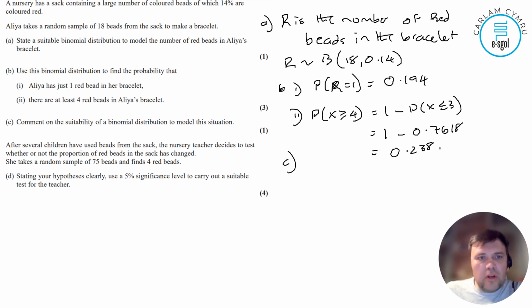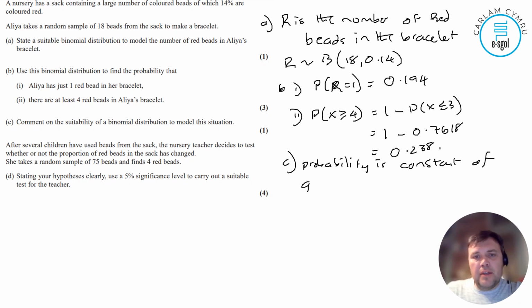C, comment on the reliability of the binomial distribution to model the situation. I would say it's only going to be reliable if the probability of getting a red bead stays the same at 0.14. Only going to be reliable if the probability of getting a red bead is constant at 0.14.